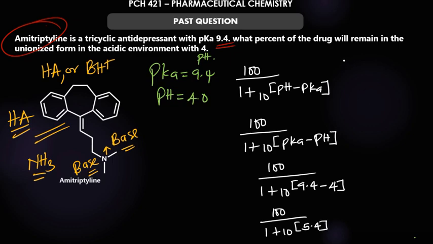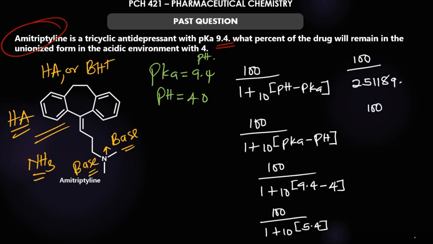So this is going to give us 100 divided by 1 plus 10 raised to the power of 5.4. 10 to the 5.4 gives a very large value, 25118.64. Adding 1, everything together is 25118.9.